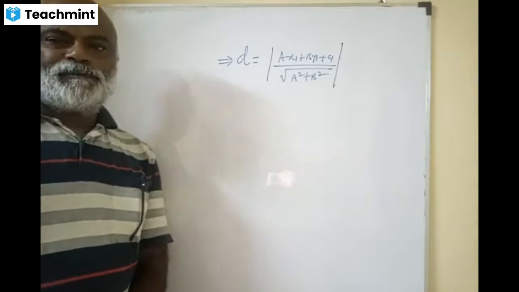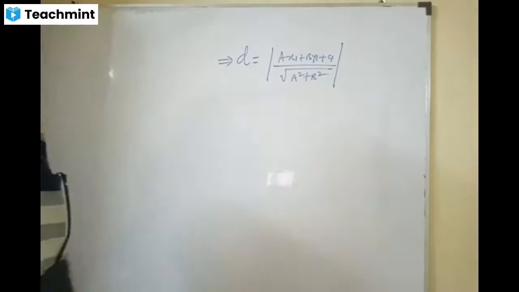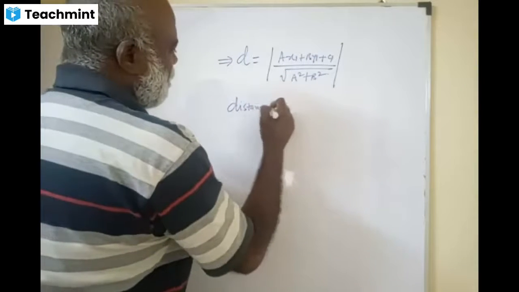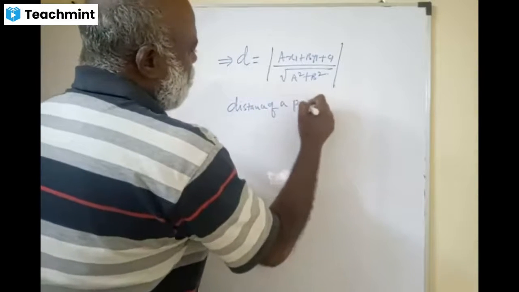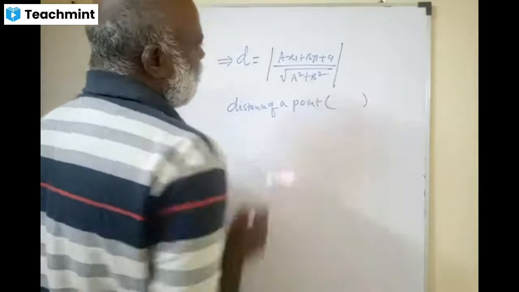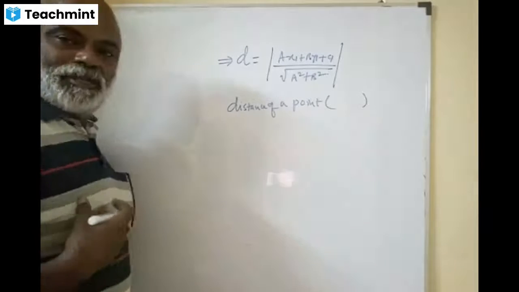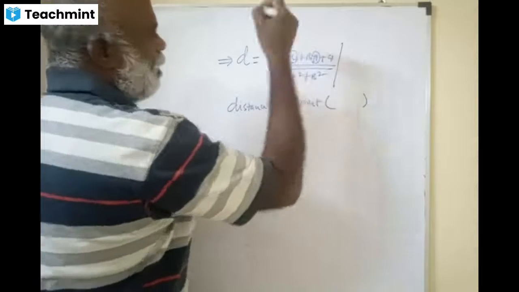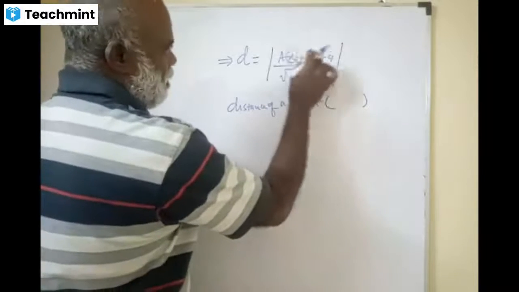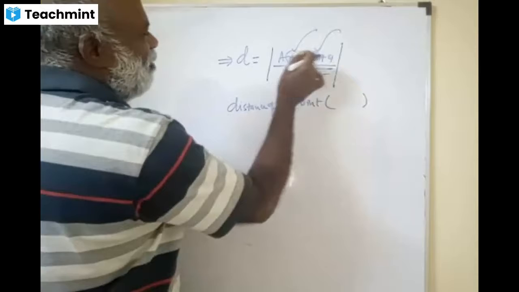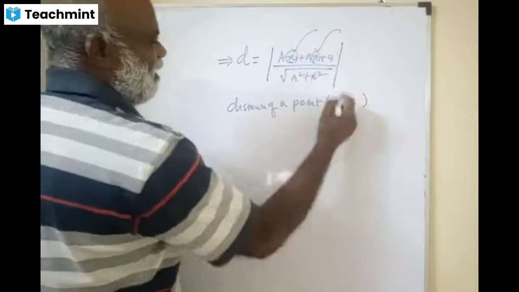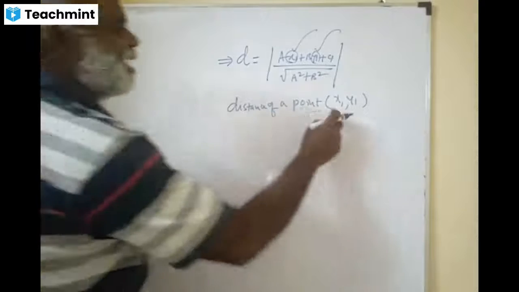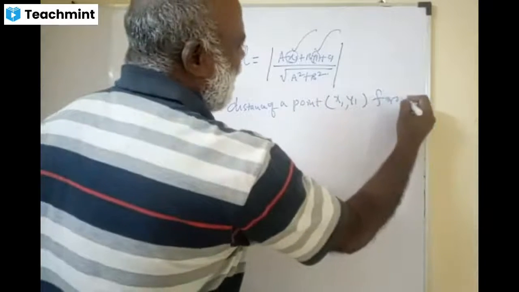The distance of a point from a line. Brilliant. Distance of a point. Who is the point here, Arpit? Any point in the quadrant, sir. Look here, dear. The distance of a point x1, y1 from a line.